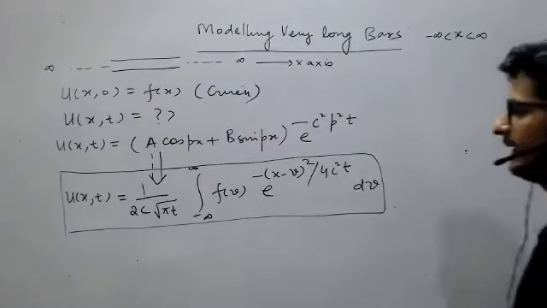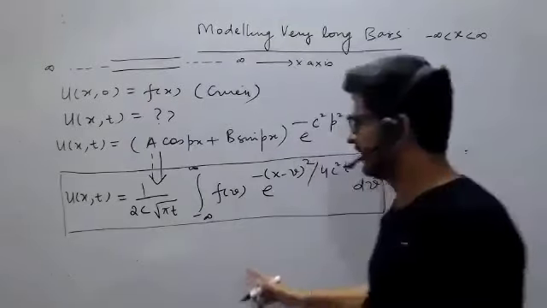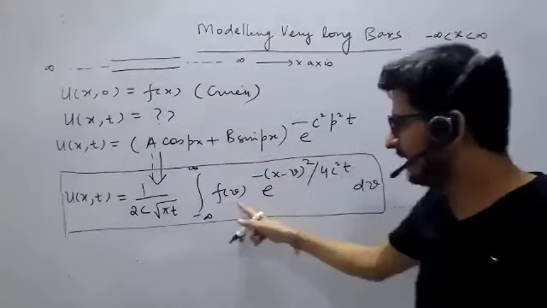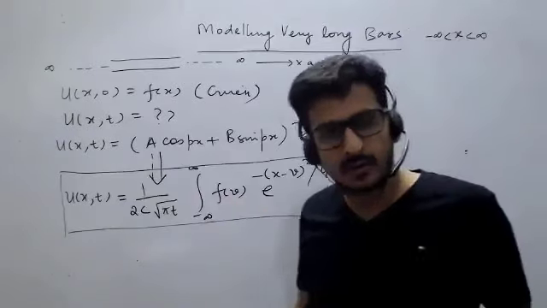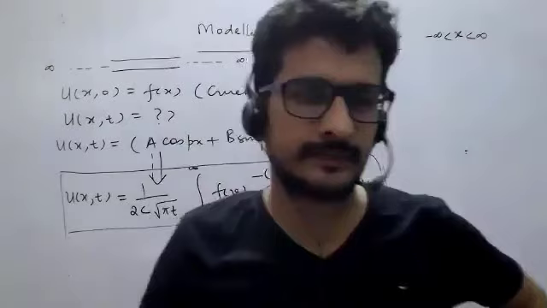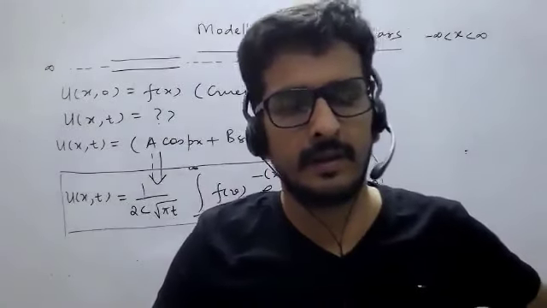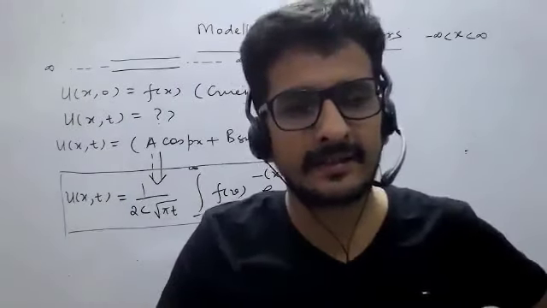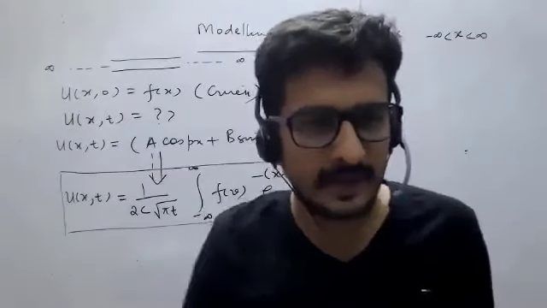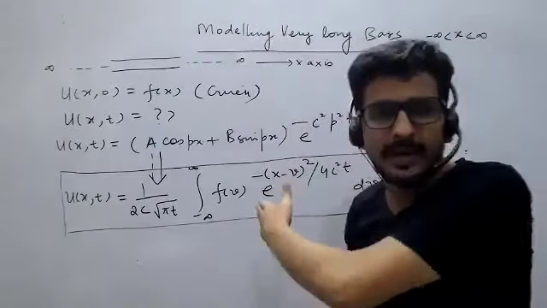You can see here that the f(x) we had, here it is f(v). If f(x) is given, can you write f(v) or not? Suppose f(x) is sin x, so what will be f(v)? Sin v. Very good. So we don't need to know the value of v.